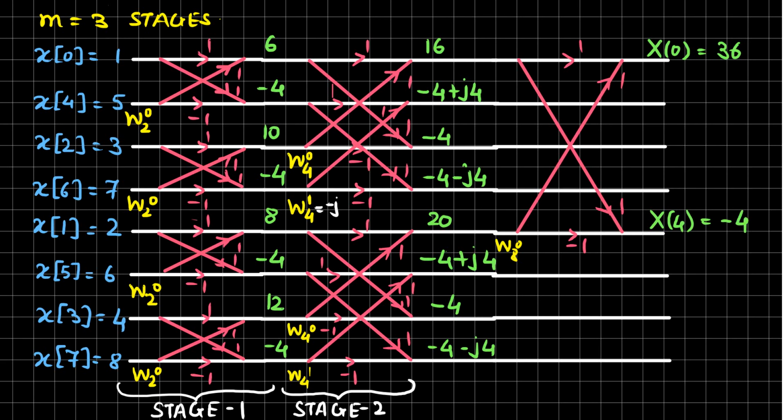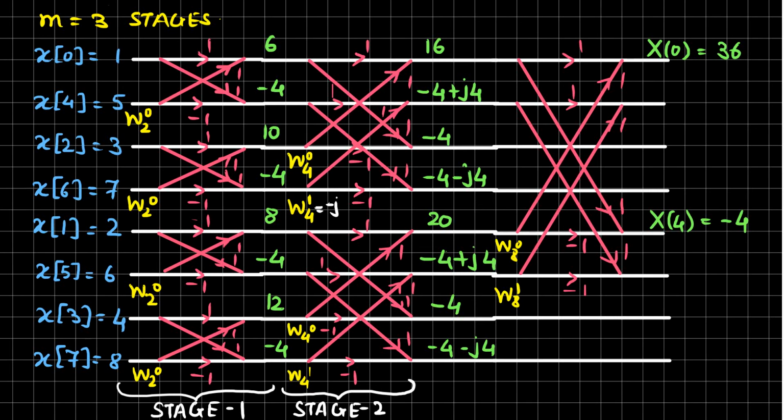In the similar way, we need to combine this minus 4 plus j4 with this minus 4 plus j4 of the second group. So it's something like this. Again, the scaling factors are 1, 1, 1 and minus 1, and now the twiddle factor is w8 to the power 1.